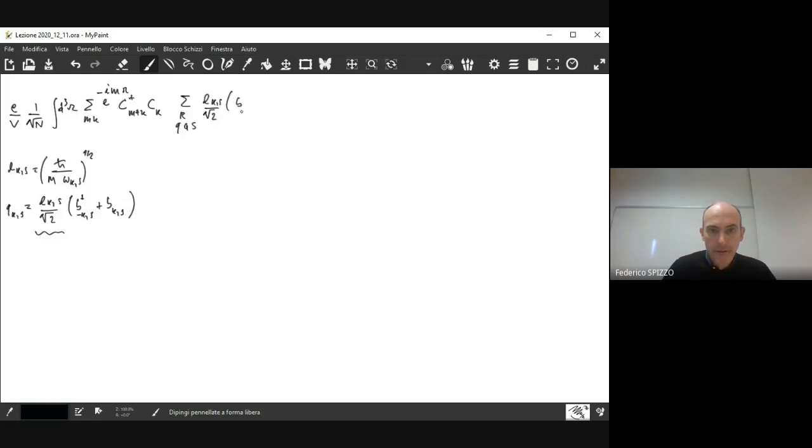So here I have b dagger minus k s plus b k s. So this is the representation of Q k s. Then there is the polarization vector. Then I have e to the i k, sorry, not small r, but R, due to the representation of the deviation from equilibrium using the second quantization approach.